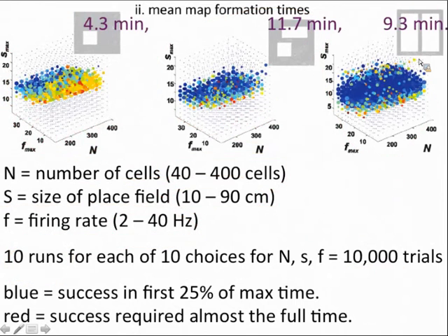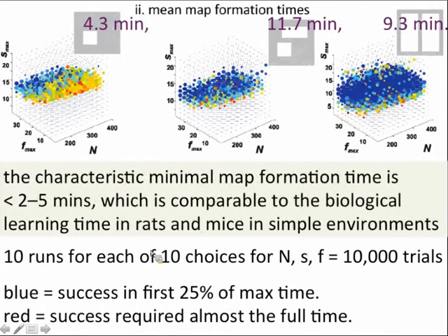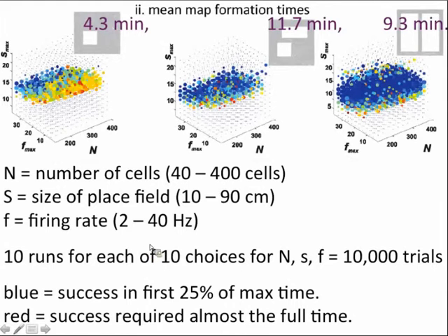If we take a look at it, there's 2 things to take a look at. One is the color. The blue is the success rate in the first 25 minutes of the maximum time, and the red is the success required for almost the full time.